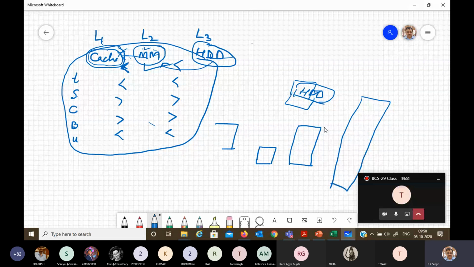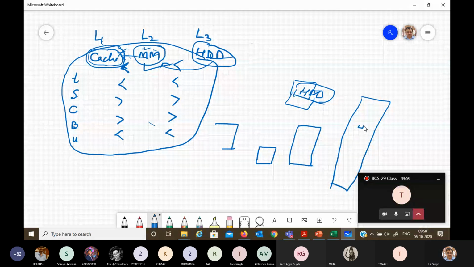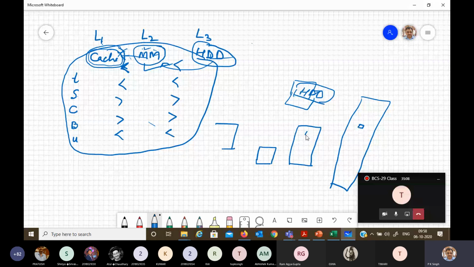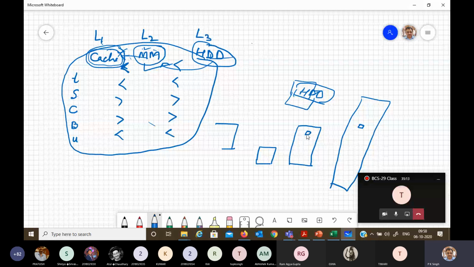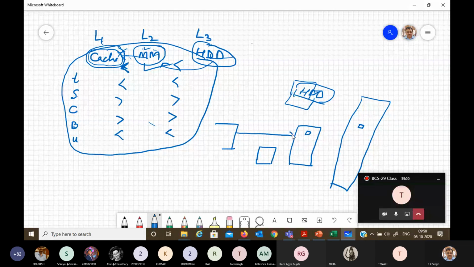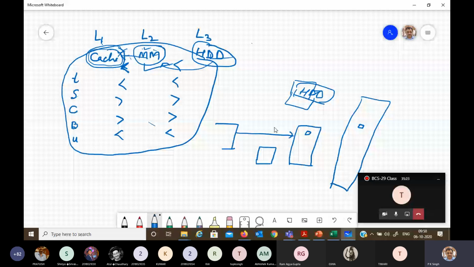When you try to execute this program, it is transferred to main memory, and the processor will always generate the address of main memory. If you see the execution of a program, the processor always generates the address of main memory. And you also know that the access speed of main memory is much slower.